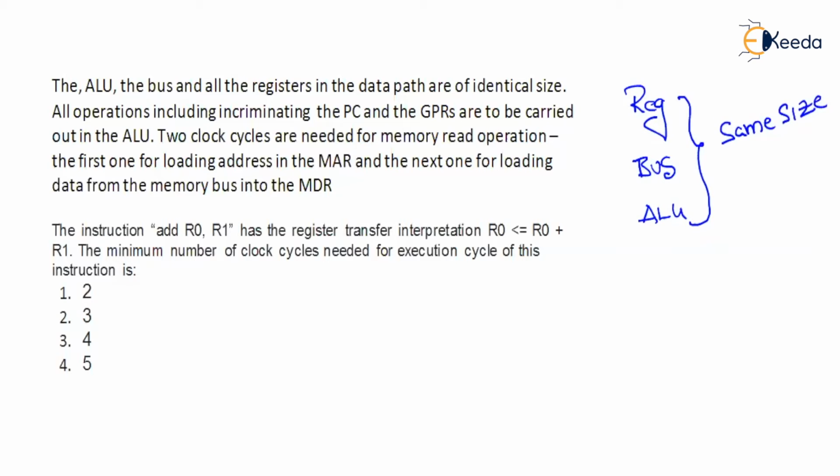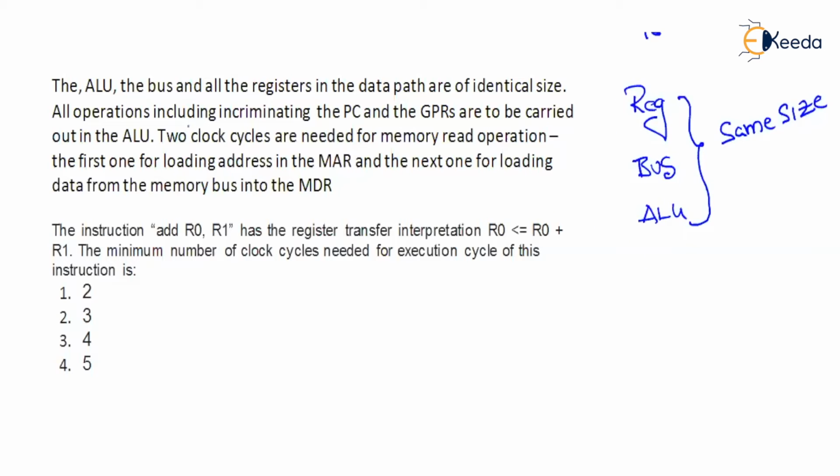Meaning, if the architecture is 16 bit, the register set is 16 bit, the bus system is 16 bit, and the ALU is also 16 bit, as given in the question. So there are no dissimilarities in this. All are identical in size.